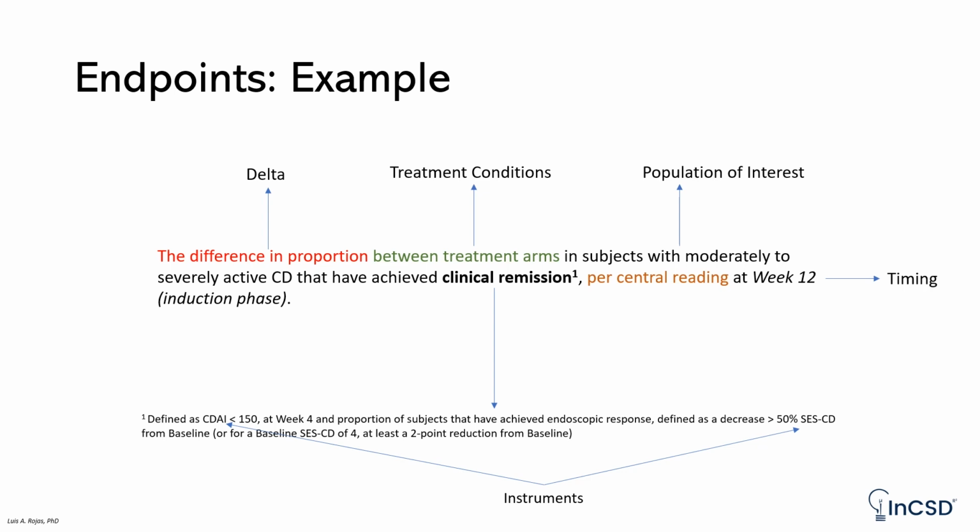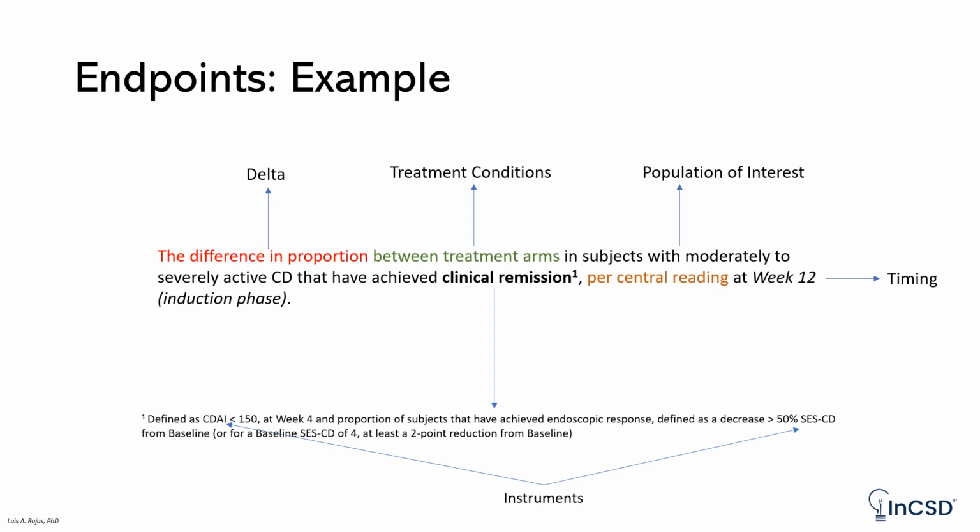Now, there is another component in this example which is critical. Per central reading is specifying how that clinical remission and how those evaluations from the CDAI and the SES-CD score will be captured and what kind of data will be used to define clinical remission. In this case, they're defining per central reading.